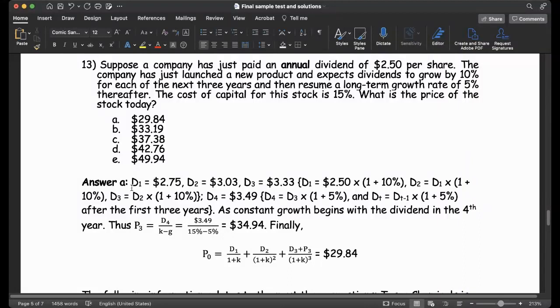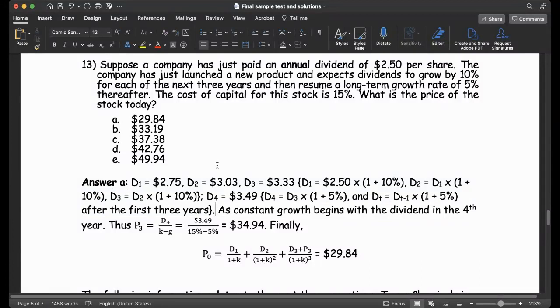Step 1, we need to calculate D1, D2, D3, and D4. Based on D0, G1 and G2, we can calculate from D1 to Dn plus 1. The horizon date here is 3.